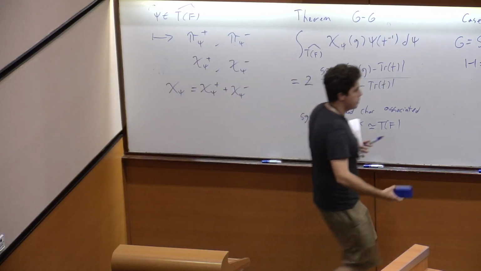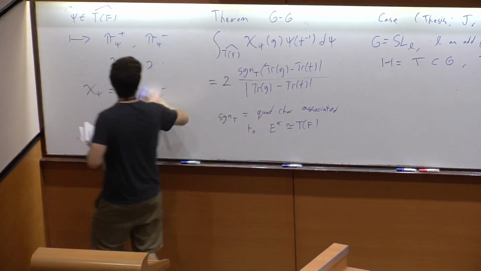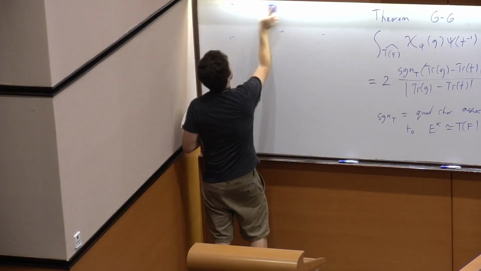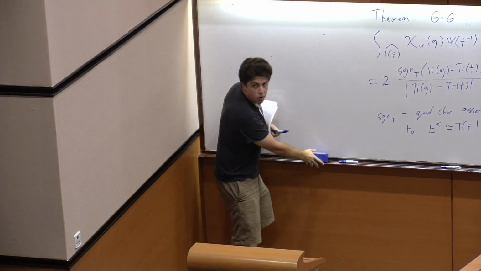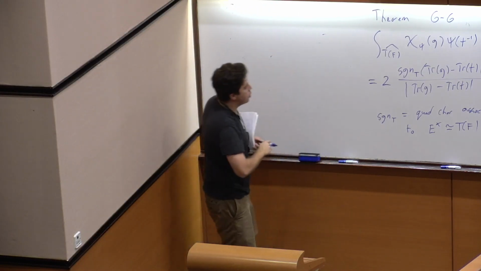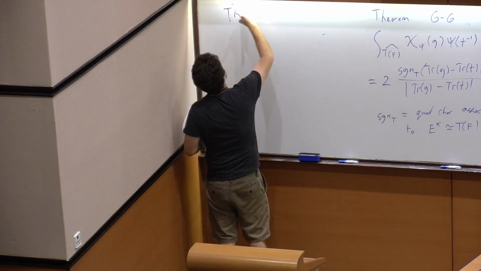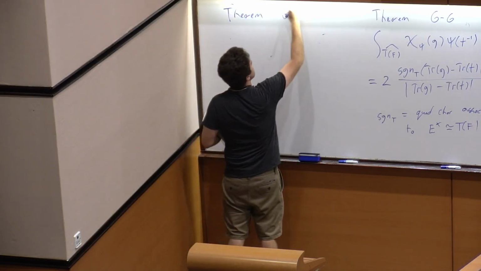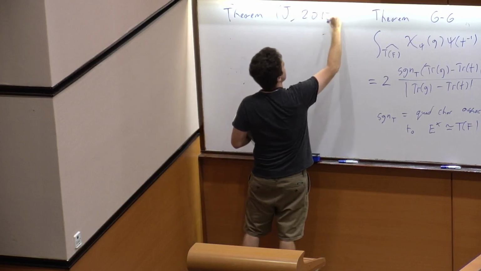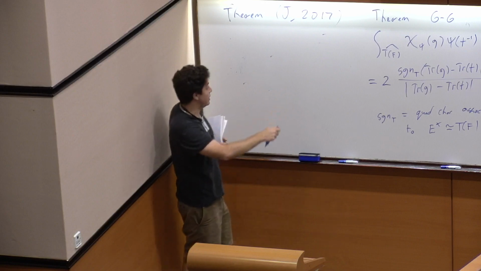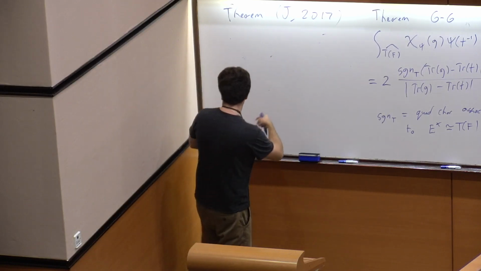Okay. So, all right, similarly, I suppose, in the case of SL2, we have the similar case, so theorem. So what this formula looks like in the case of SL2 is the following.